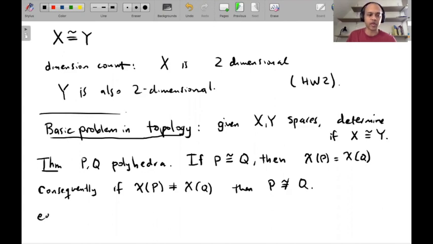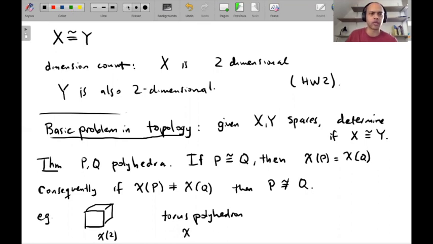So for example, the cube has Euler characteristic 2, whereas the torus polyhedron has Euler characteristic, sorry, I didn't mean to write chi 2. Let's say chi is equal to 2.